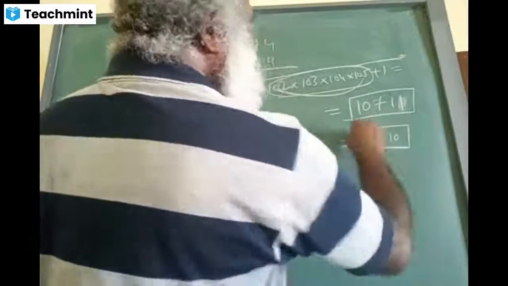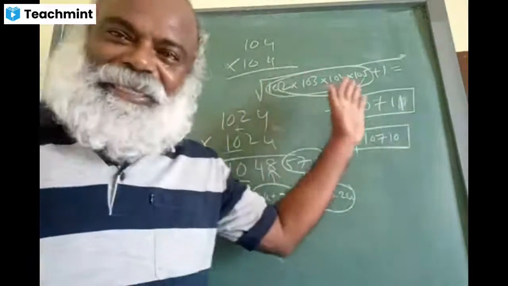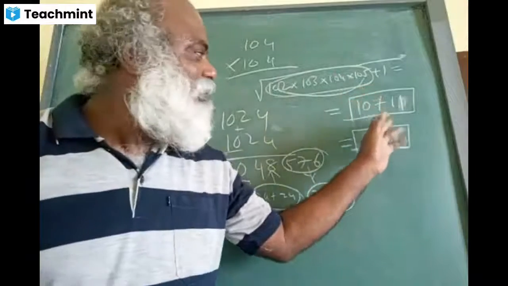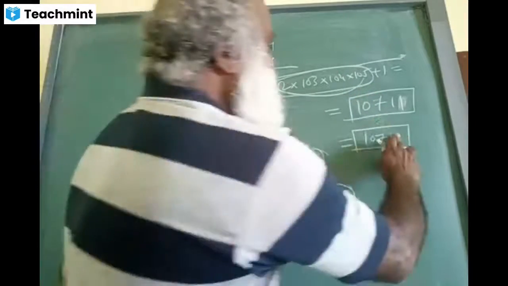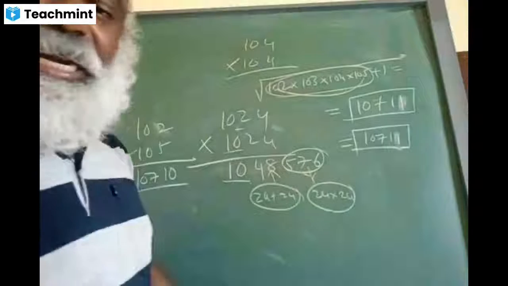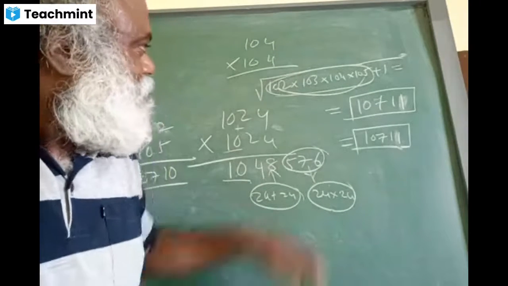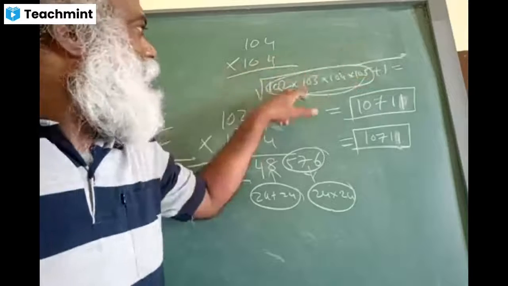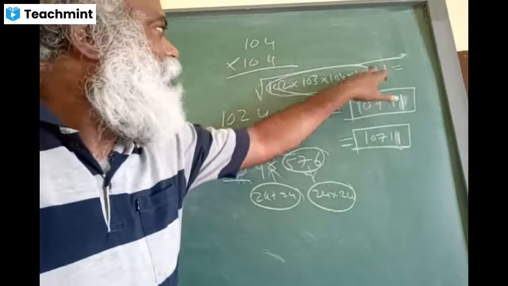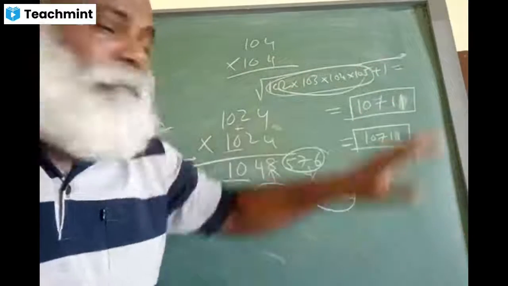You can check with a calculator. Anybody is having a calculator, please check it. Yes, am I correct or not? 10711, yeah, final answer. Is it correct, please? Anybody, Hari, can you check it? Square root of 102 103 104 105 plus 1, is it correct or not?